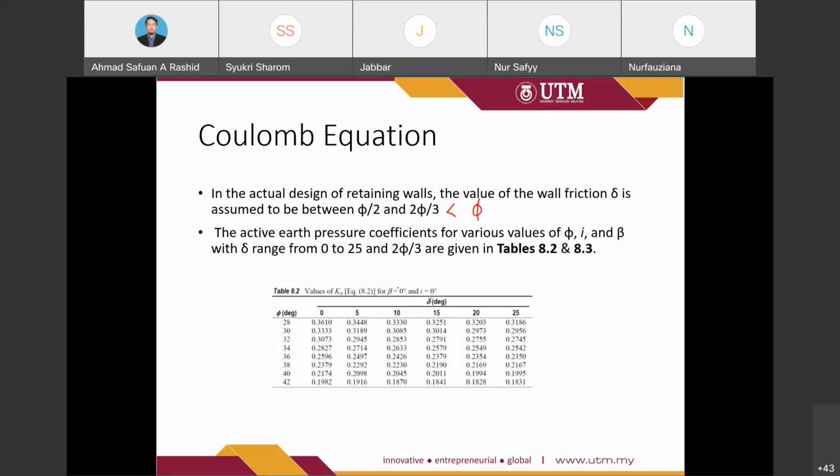However, this is restricted to beta equal to 0, meaning that the wall is vertical, and the backfill is flat, because i is equal to 0 and beta is equal to 0. Then we can identify the Ka value. And if delta is provided, we can just get the Ka value.